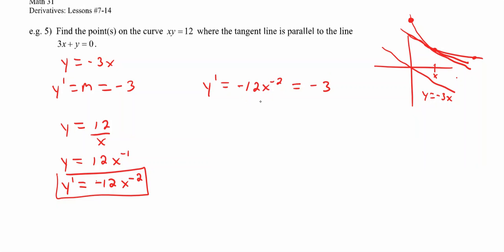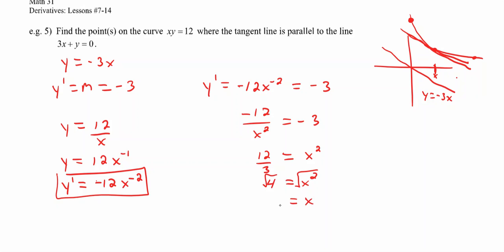Let's write this as negative 12 over x squared is equal to negative 3. And then we're solving for x, because that should tell me what point it would be. Rearranging this, we get x squared is equal to 12 over 3, or 4. Then square root.